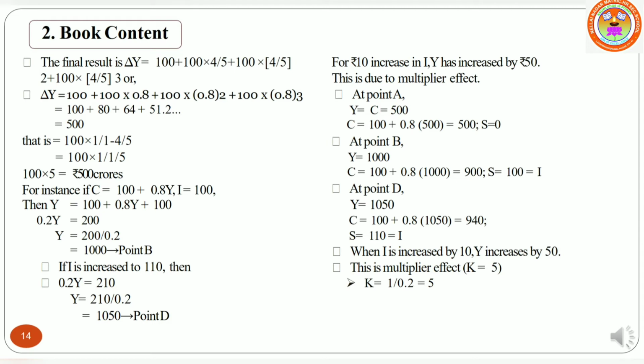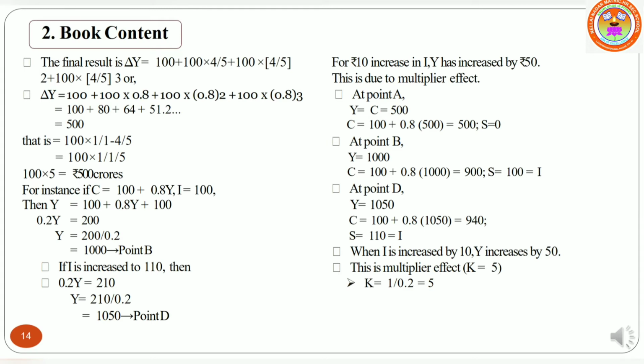Otherwise, we can say that change in income is equal to 100 plus 100 into 0.8. How is 0.8 coming? 4 divided by 5, we will get 0.8.